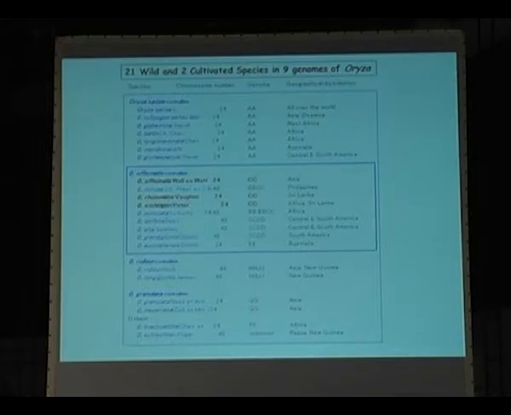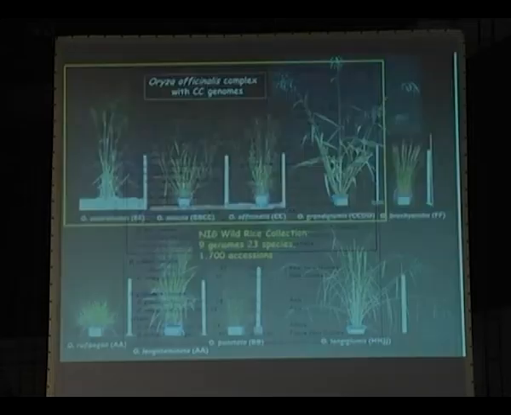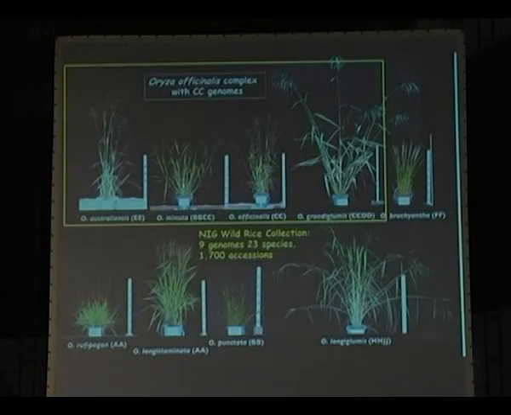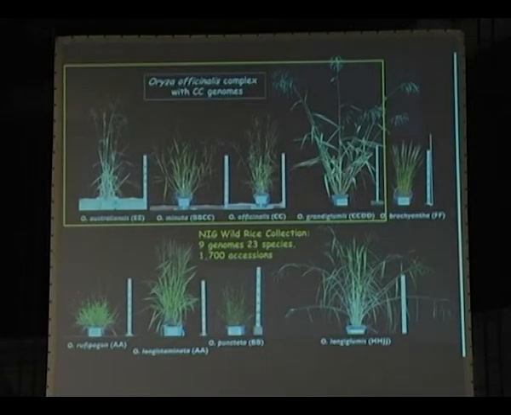Here you can see the CC genome species showing very different phenotypes. And in CC genomes, there are many kinds of useful genes, including disease resistance genes.